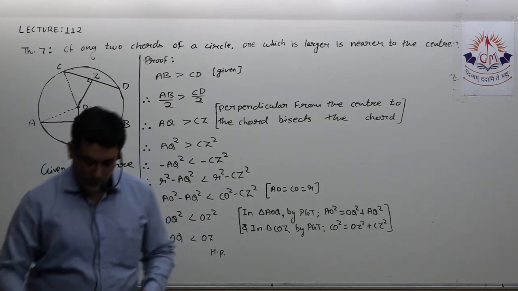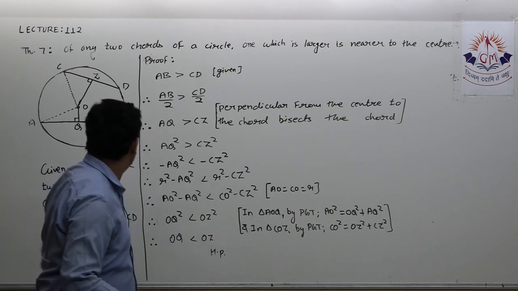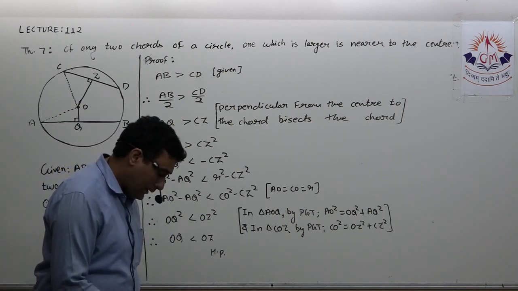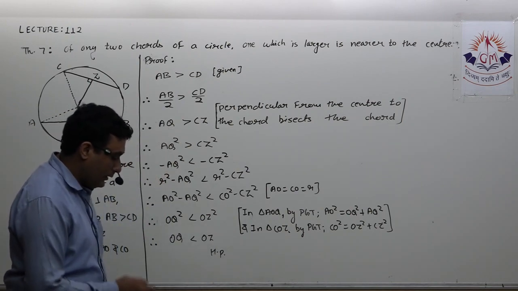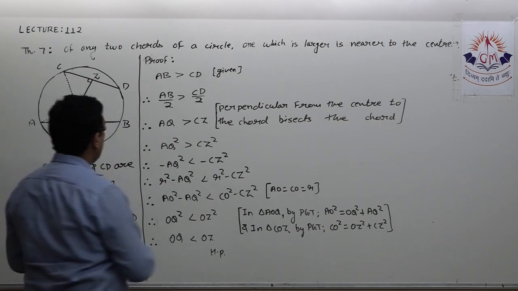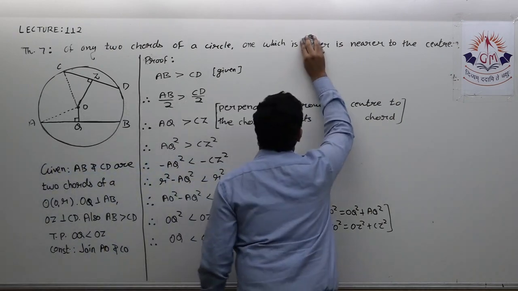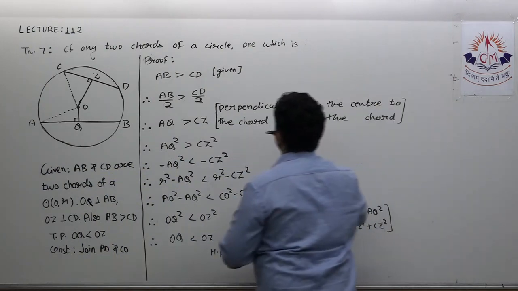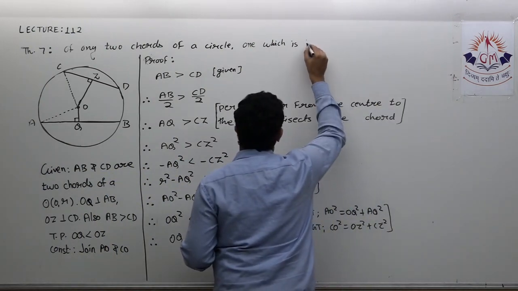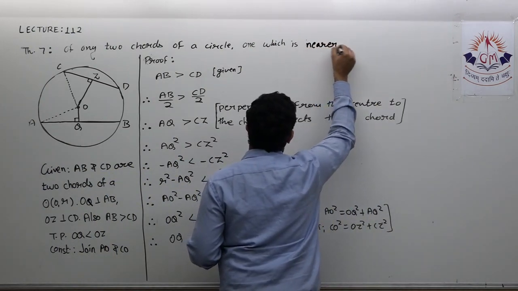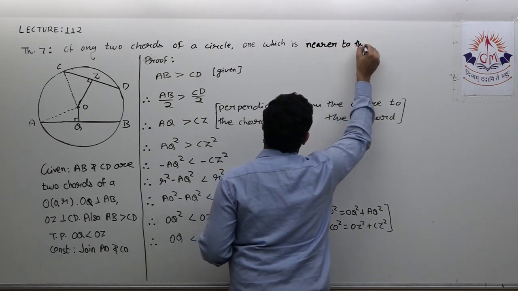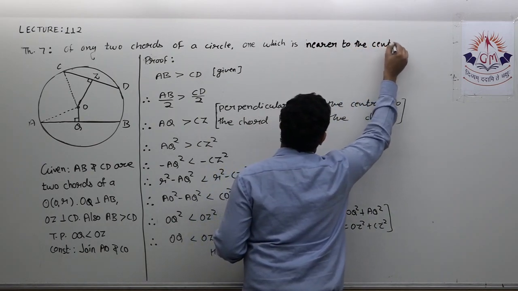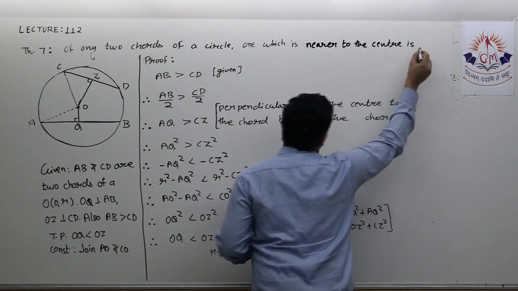Now, we will see the next theorem, theorem number 8, that says of any two chords of a circle, the one which is nearer to the center is longer.